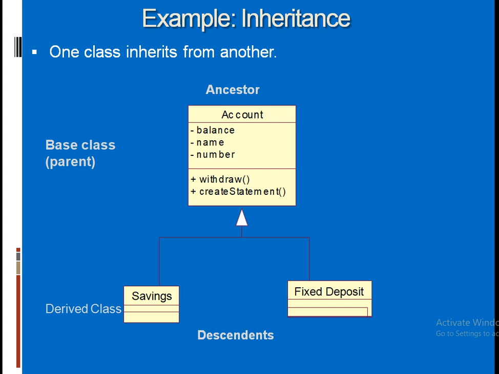Here is an example for an inheritance class where the base class is an account class which holds the data members balance, name, number and member functions withdraw and create statement, and it is also called a parent class. The derived classes from the account class are called savings as well as fixed deposits. We can derive a number of classes based on the base classes.